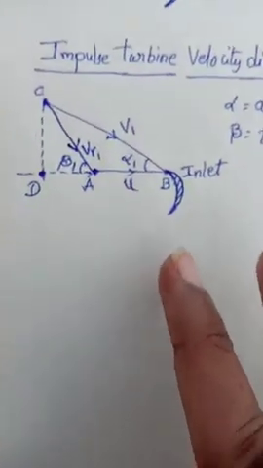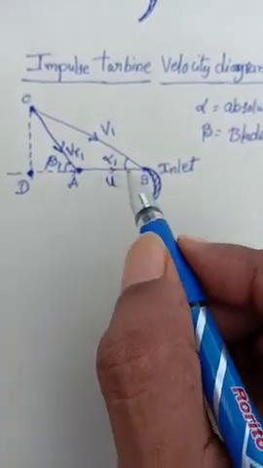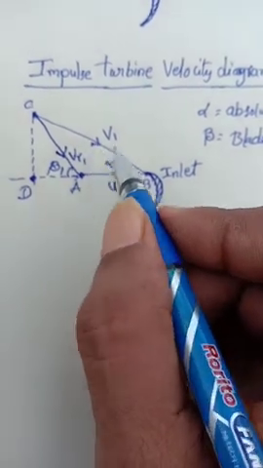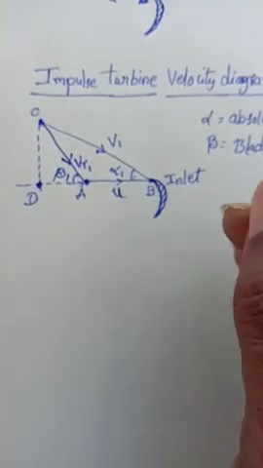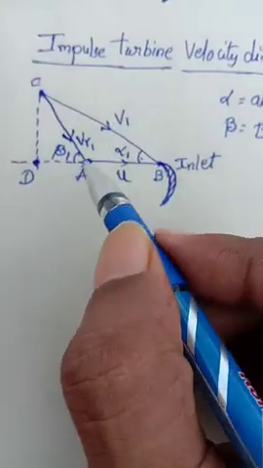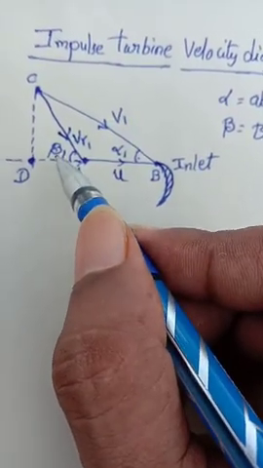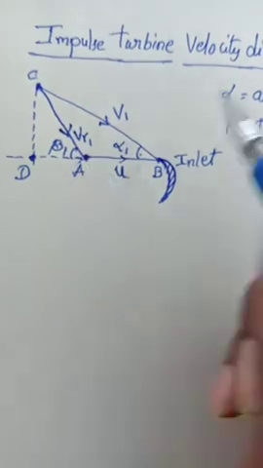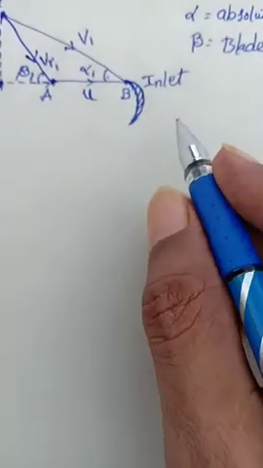Okay, now look at this diagram. In here this is absolute velocity angle. Okay, now this angle is coming from blade angle. Okay, now we go for exit.